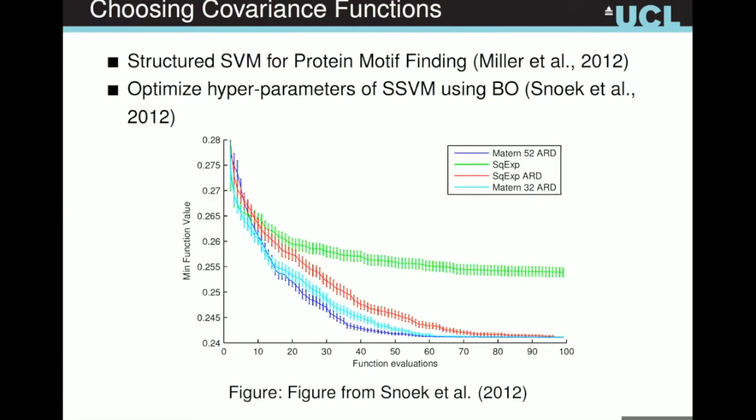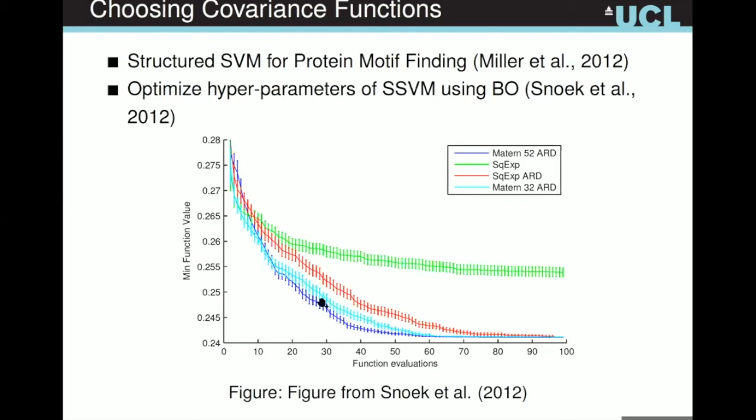So it gives you a bit more flexibility. That is the red curve. And then we have two Matern kernels. One is the Matern 3/2, which assumes one-times differentiable functions. The other is the Matern 5/2, which assumes a two-times differentiable underlying function.